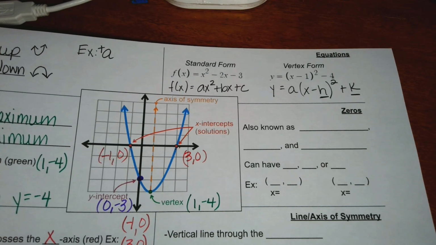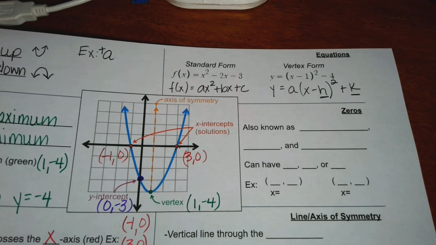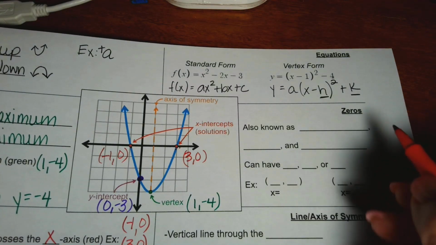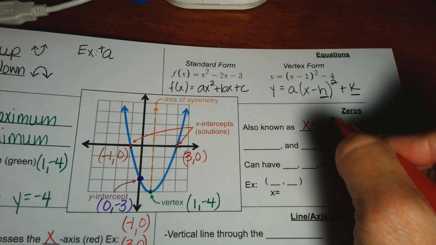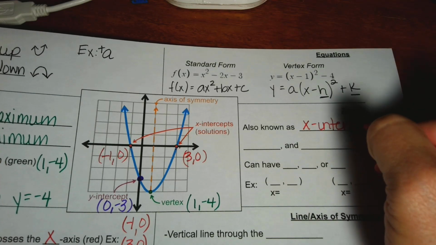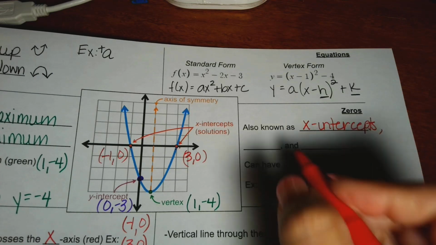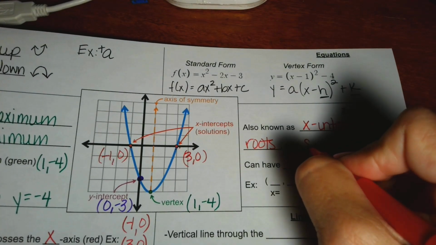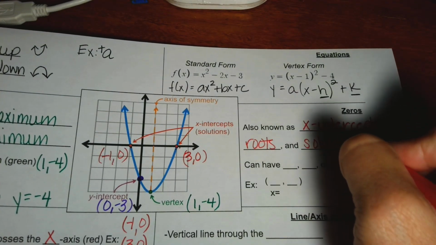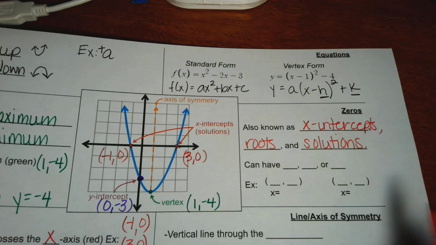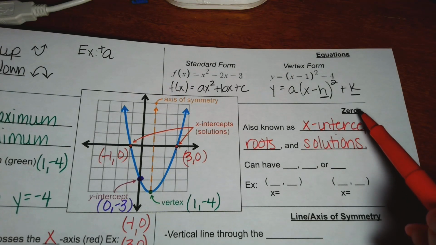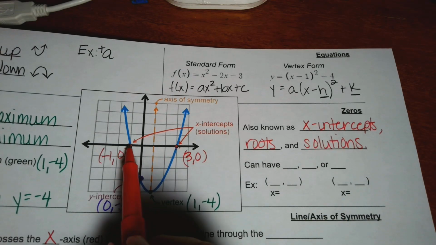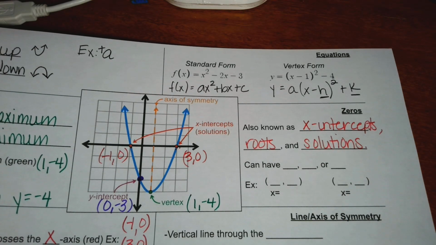Okay, all right, next, zeros. The zeros. That's a new vocabulary word for us. So zeros are also known as x-intercepts. They are known as roots. They are known as solutions. So anytime they say the word zeros, x-intercepts, solutions, roots, you want to know where does the graph touch the x-axis.